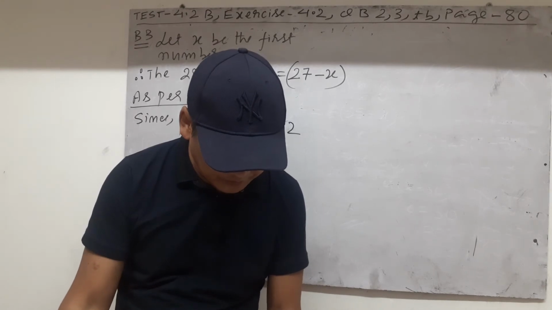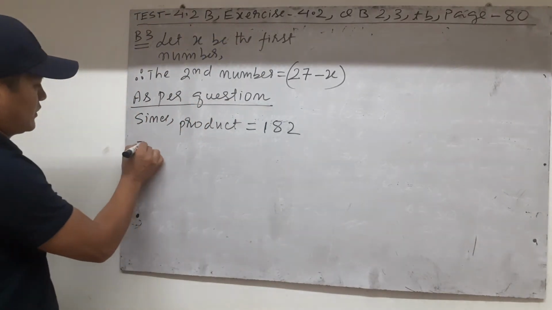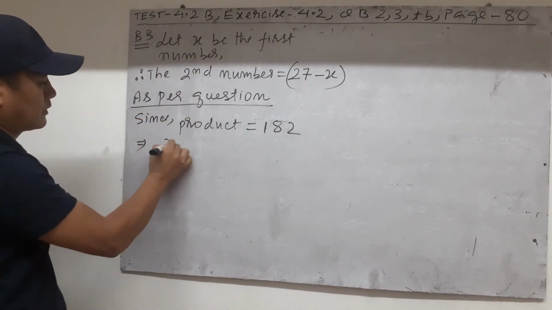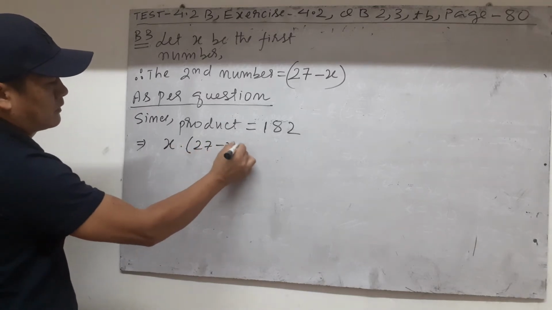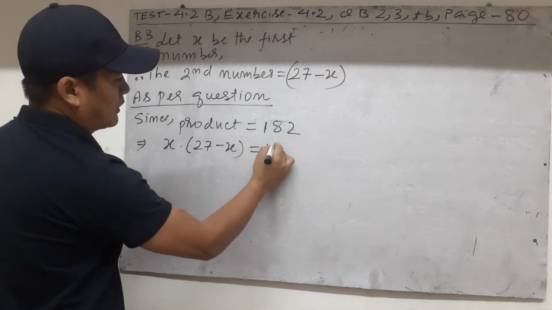Product means multiply the two numbers, the product of the two numbers. First number multiplied by the second number is called the product, equal to 182.